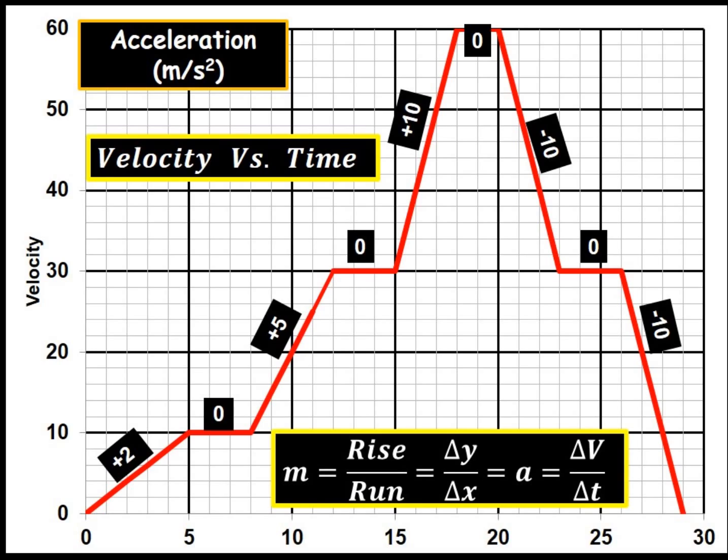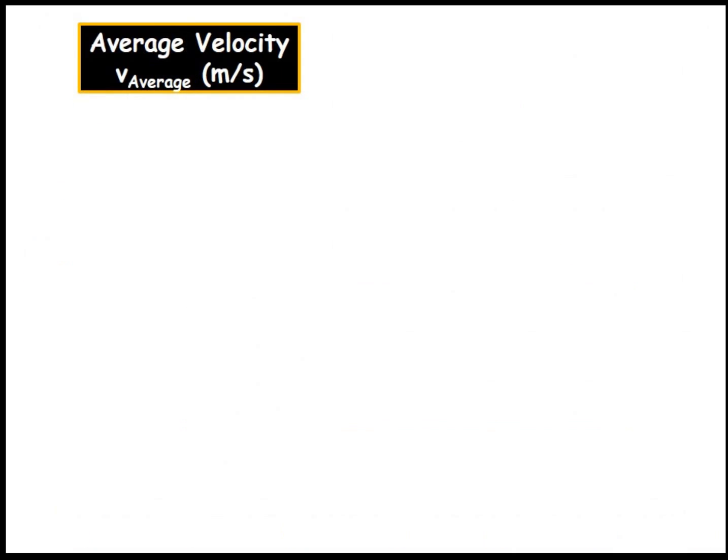That's all she wrote. Okay, now we're going to try a little different thing here when it comes to the slope of lines and velocity and average velocity, etc. Okay, next we're going to try to discover what the average velocity is.